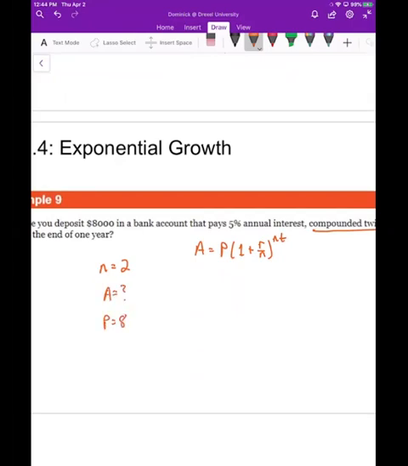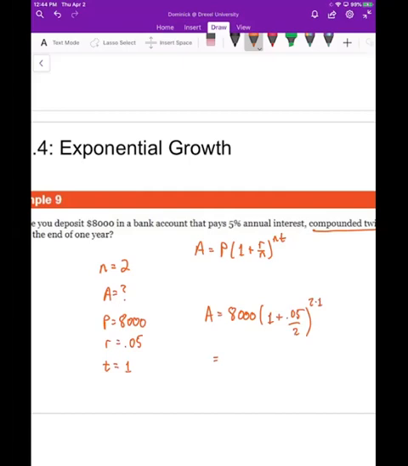P is still 8,000. R is 0.05. And we said that n was 2. If we want the end of 1 year, we want t equals 1. So this is A equals 8,000 times (1 plus 0.05 over 2) to the 2 times 1.